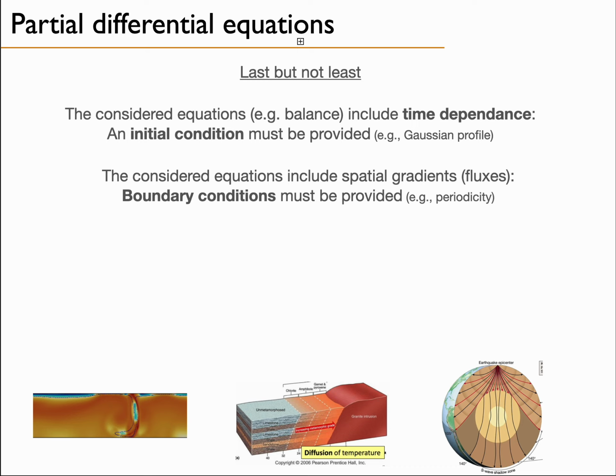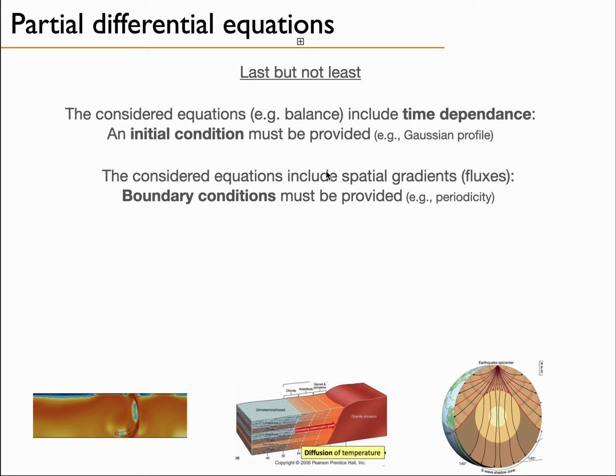So we basically have most of the elements, but the last information is, you need to always remember that these equations, this balance law for example, include a time dependence. So since we need to increment over time, we also need to provide an initial condition. And this is what we do, for example, by defining a Gaussian profile initially.